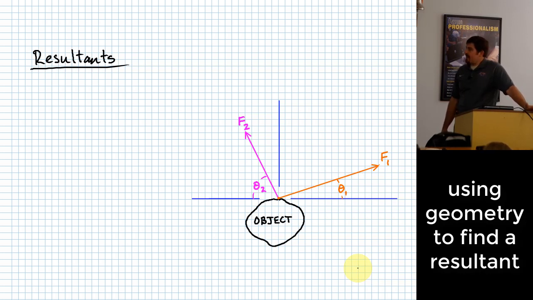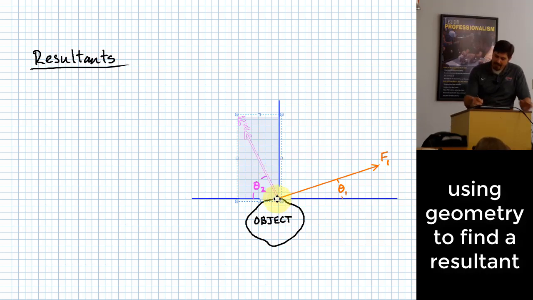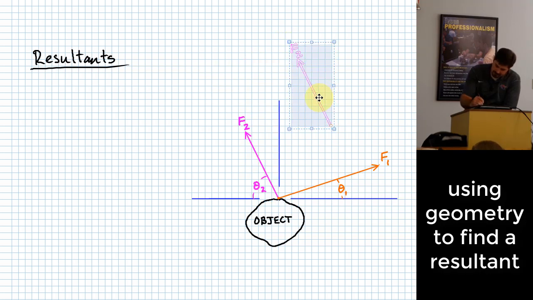So the way you need to add these vectors, there's a couple of different ways to think about it. The first way you can think about it is with a method called the geometric method. Okay? The geometric method says that you look at one of your vectors, like F2 right here, and you put the tail of that vector at the head of the other vector, kind of like this.